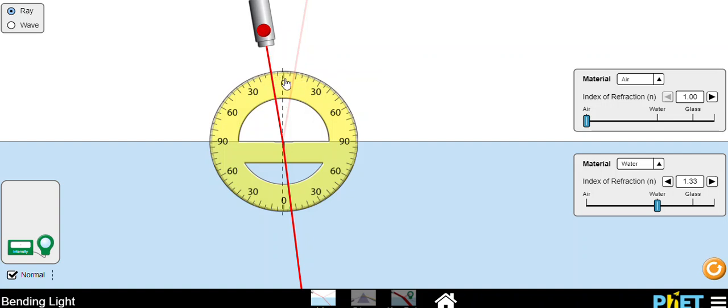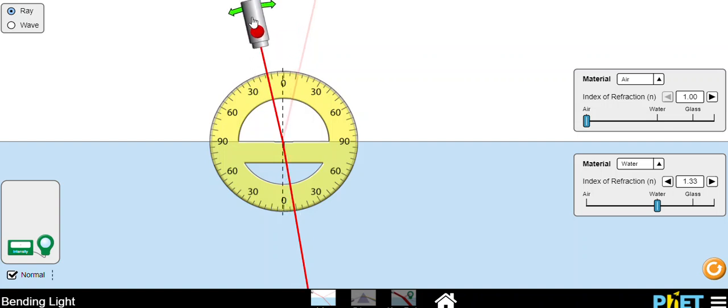Because you are measuring from the perpendicular, from the vertical. So you have 10 degrees here. You can then find out that the reflected ray is also in the order of 10 degrees, and the refracted ray is, for this case, about 6 degrees.